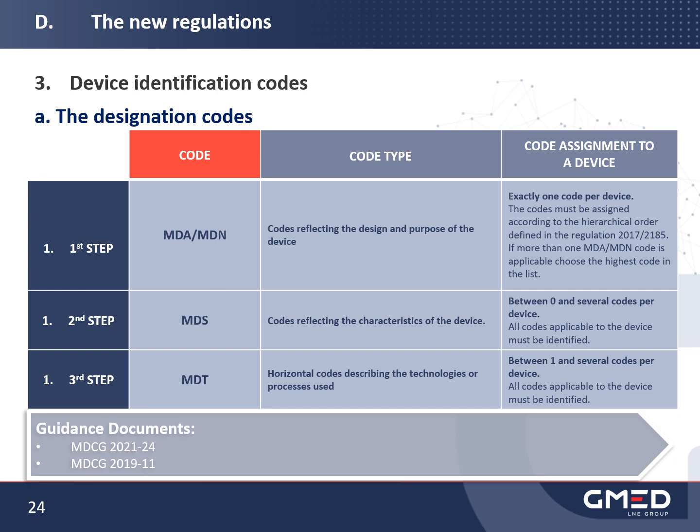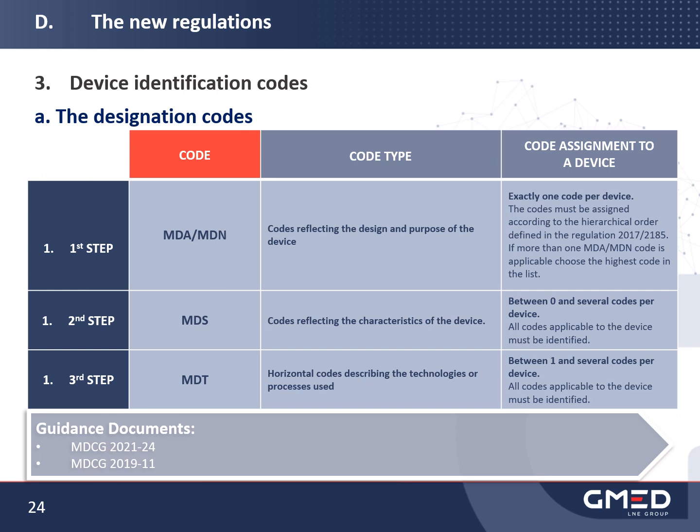After assigning the MDA or MDN code, the manufacturer must then identify the MDS and MDT codes applicable to its device. MDS codes are so-called horizontal codes that reflect the specific characteristics of the device. Unlike the MDA or MDN codes, multiple MDS codes can be assigned to the device. Therefore, all codes applicable to the device must be identified. MDT codes are also horizontal codes that reflect the technologies or processes used.